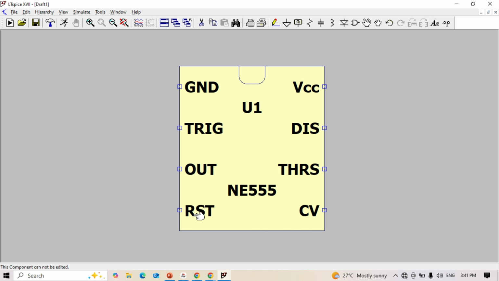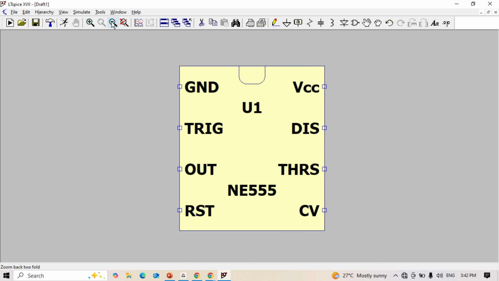If we don't use the reset pin, we can connect it to VCC. On the top, pin number 8 is VCC, the discharge pin is there, the threshold pin is there, and the control voltage is here, right? When we want to change the frequency of oscillation, we can use any voltage level here to change the frequency of the oscillation of the 555.